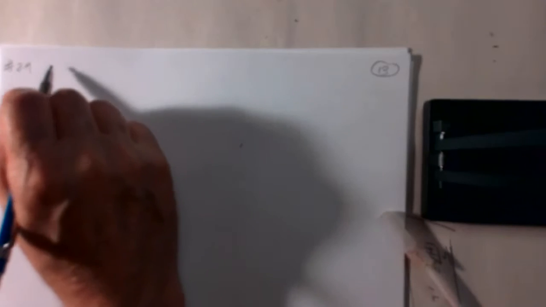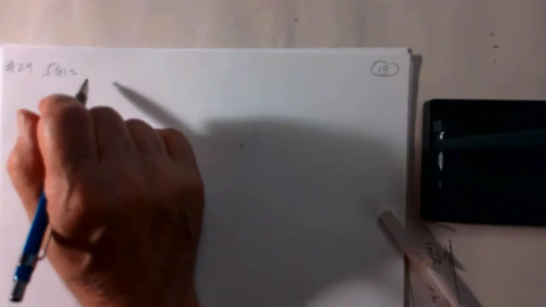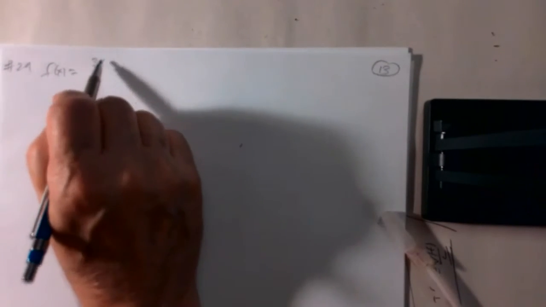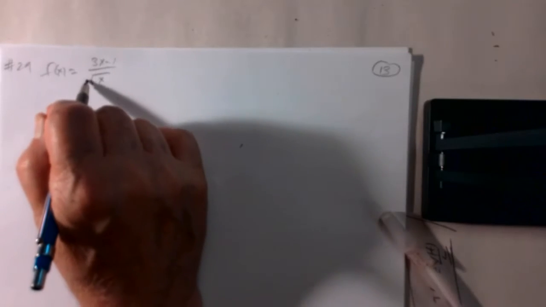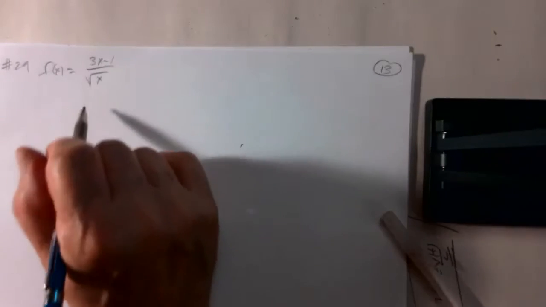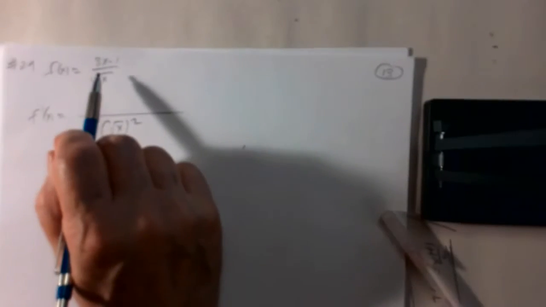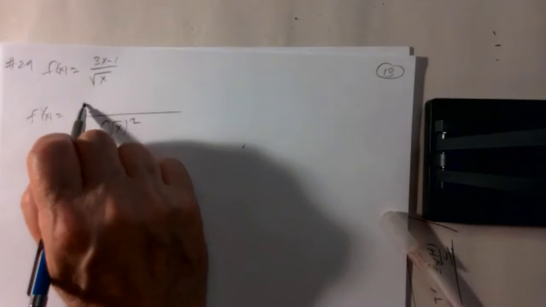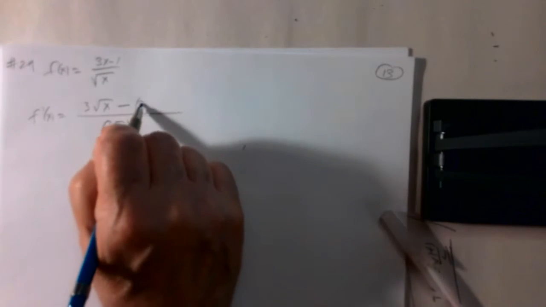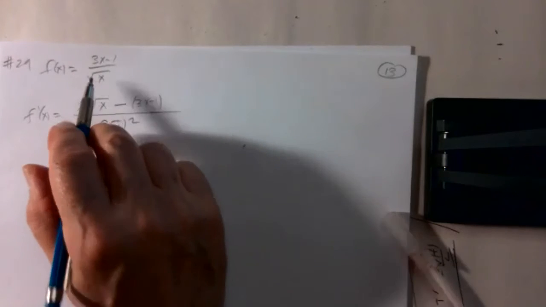Well, from the homework, this is problem 29. I did this earlier using the product rule, but let me do it again using the quotient rule. So this is f of x equals 3x minus 1 over the square root of x. So I want to think of this as a quotient. F prime of x will be what? It's the denominator squared. And then on top, the derivative of the numerator, which is 3, times the denominator, minus the numerator times the derivative of the denominator.